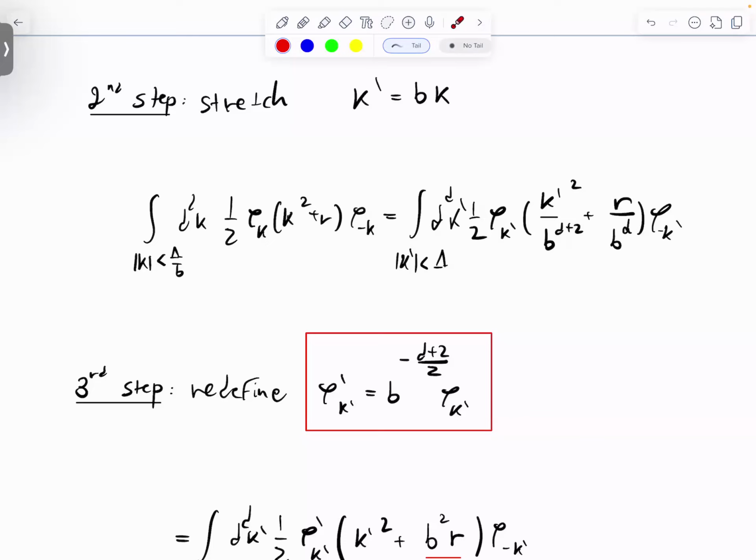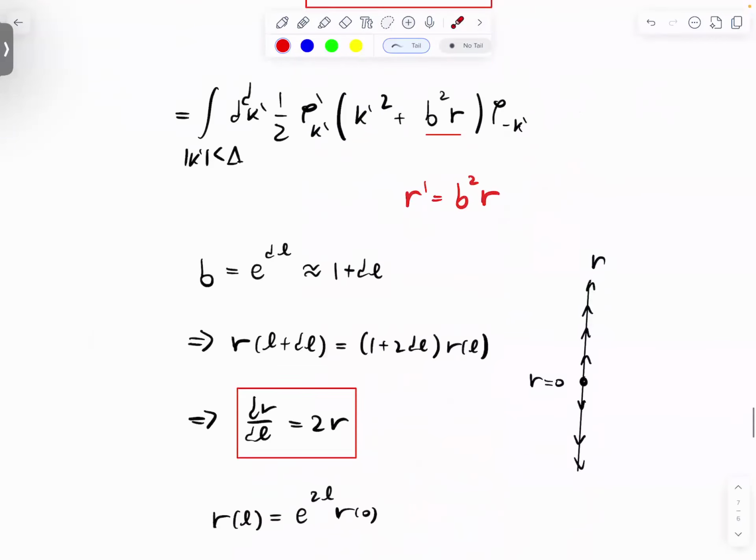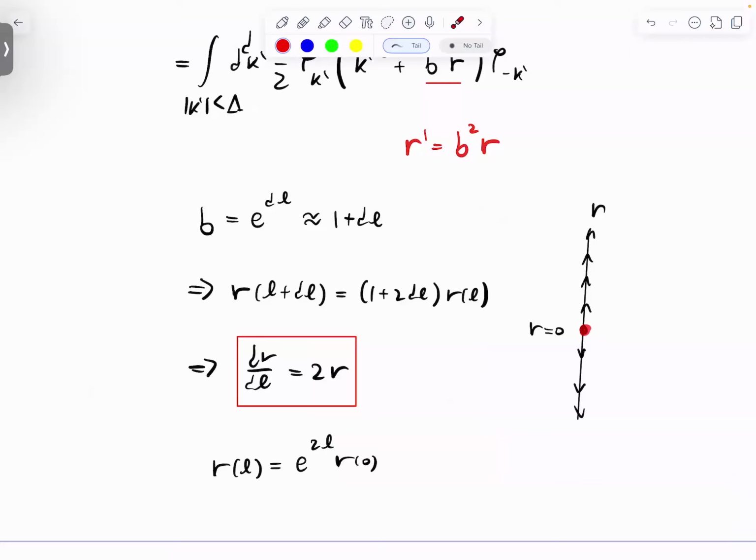So we redefined our fields, you see? This redefinition was not chosen arbitrarily. It was chosen exactly to make this term in the action invariant under the transformation. Yeah, that I see. And that means that this part is our fixed point. That's why this is the fixed point.